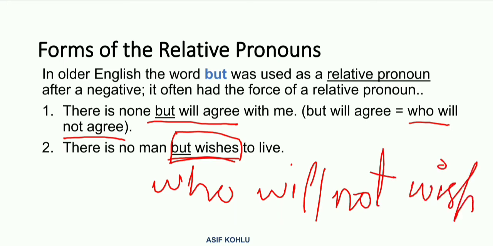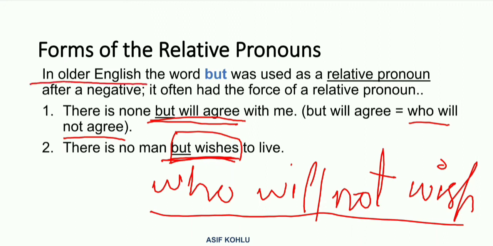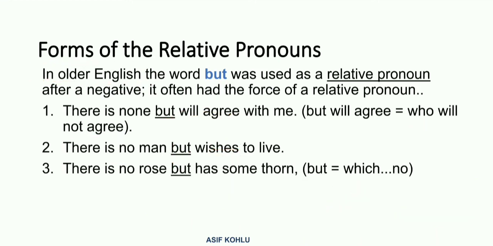Okay, so we have to use who will not instead of but wishes or but will agree. It is used in older English, but in present English there is no need to use such things. And the third example is: there is no rose but has some thorn.